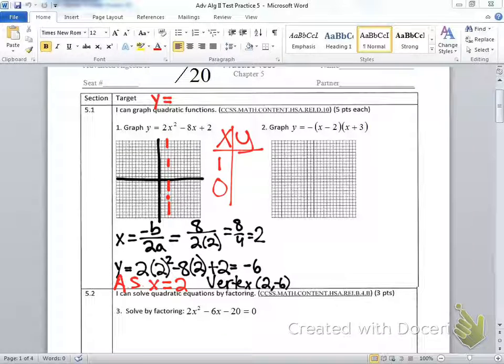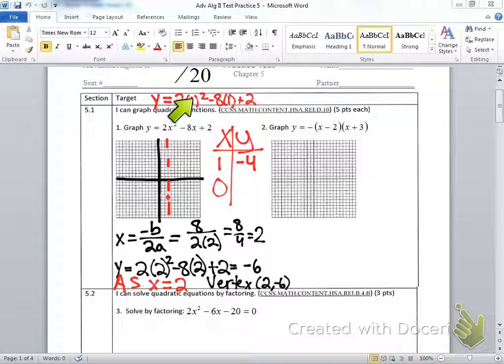So when we pick 2 spaces to the left, we're picking 1 and 0, okay? So I am going to plug in 1, see what I get for y, graph that and the symmetric point. So this is going to be 2 times 1 squared minus 8 times 1 plus 2. And then you get negative 4.